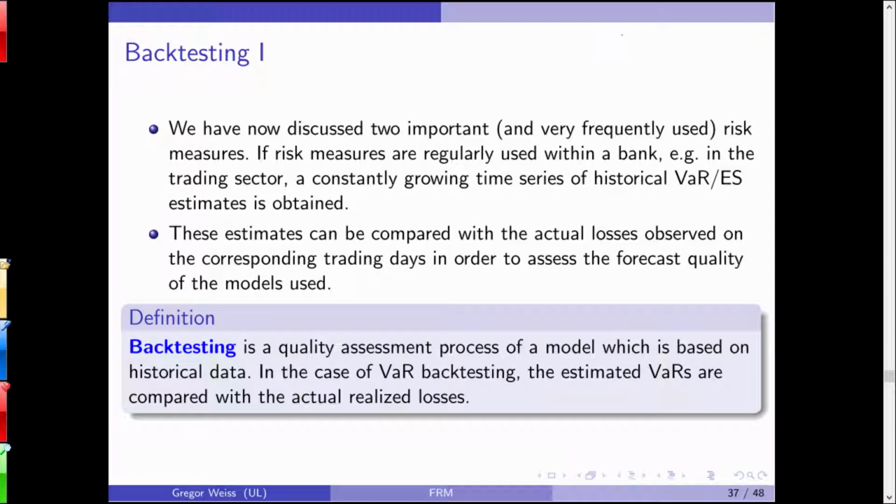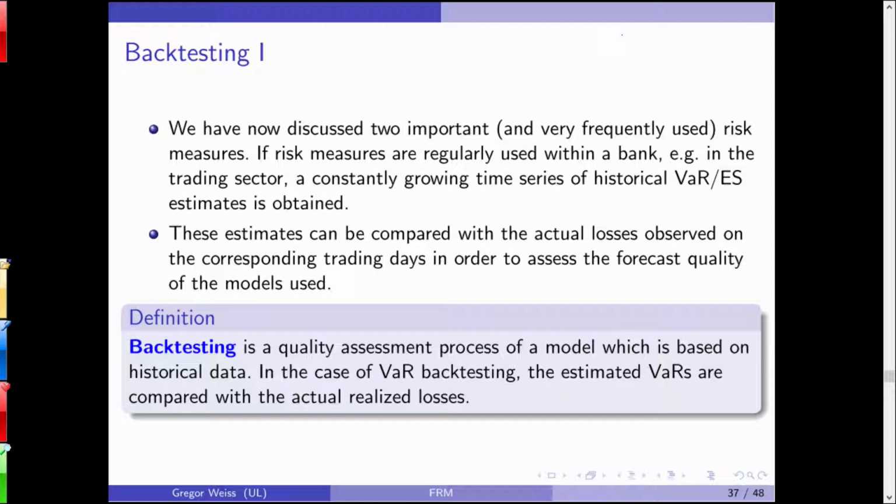One serious drawback of expected shortfall is what? You have one serious drawback when it comes to backtesting. If you want to test the accuracy of your risk model and the accuracy of your value at risk and expected shortfall, you need data.